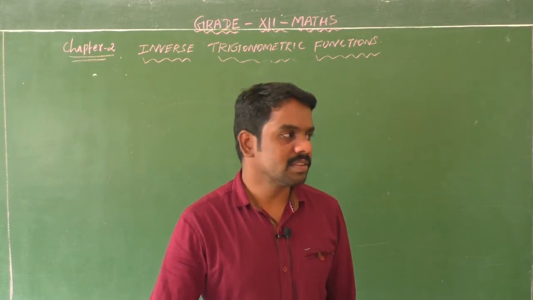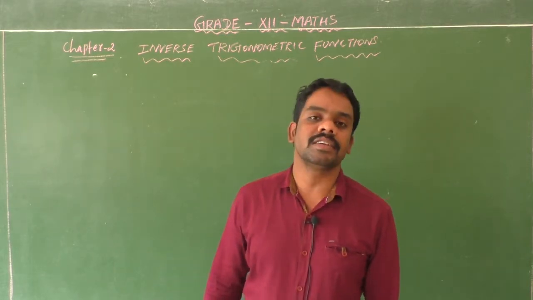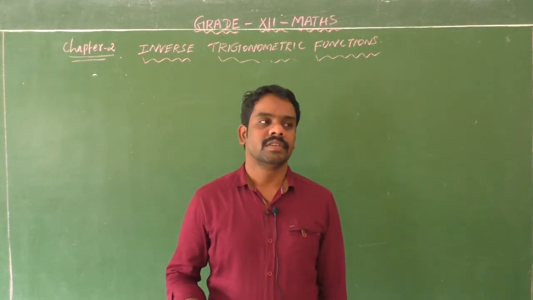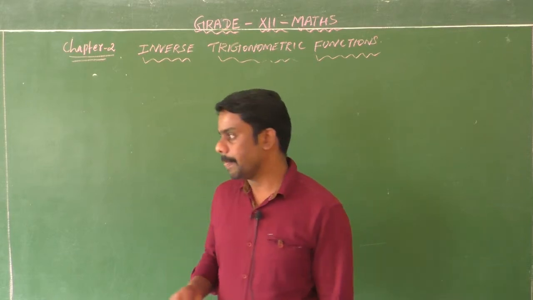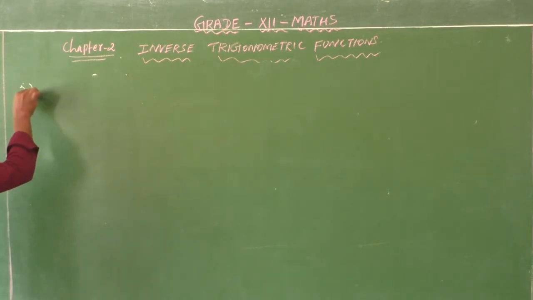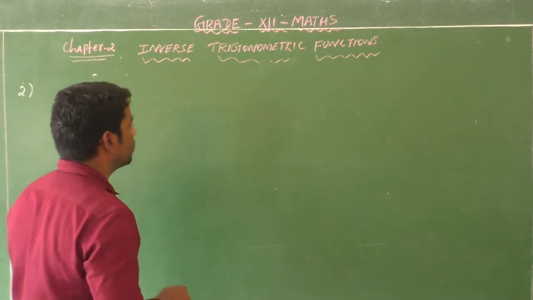Today we will discuss the next one, the y equal to cos x curve and its inverse function, that is the cos inverse x graph. First one, y equals sin x and its inverse function is y equal to sin inverse x.